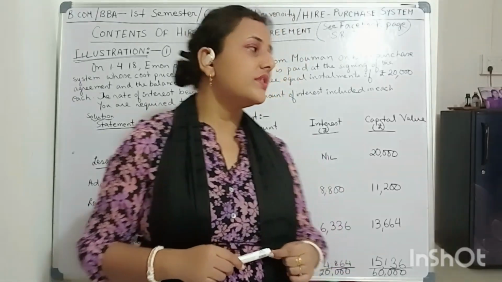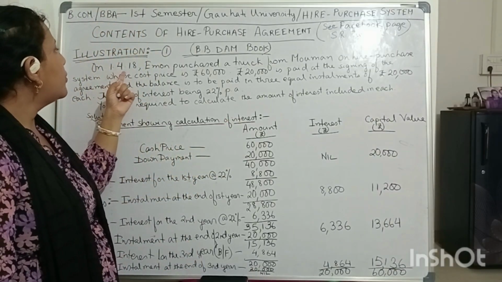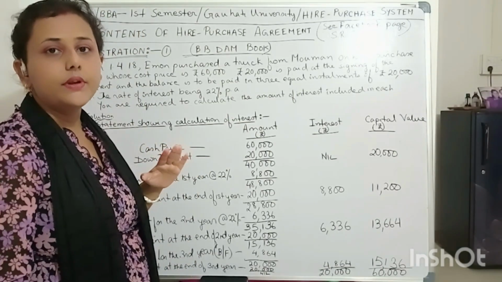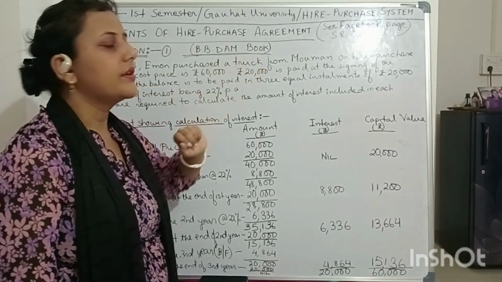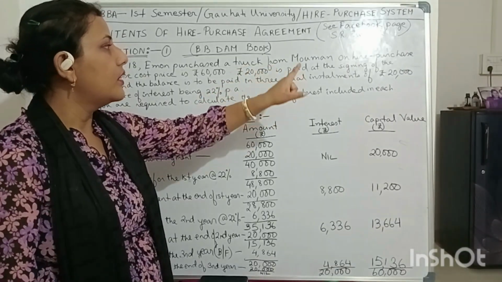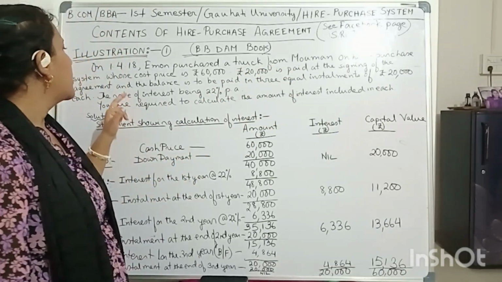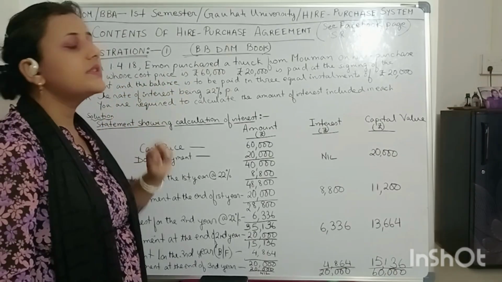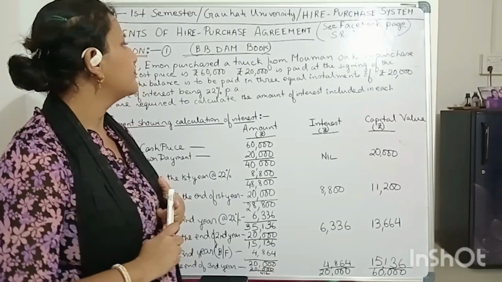So you just see what is given in the question. On 1/4/2018, that is the month of April, Imon purchased a truck from Moman on the hire purchase system, whose cost price is rupees 60,000.